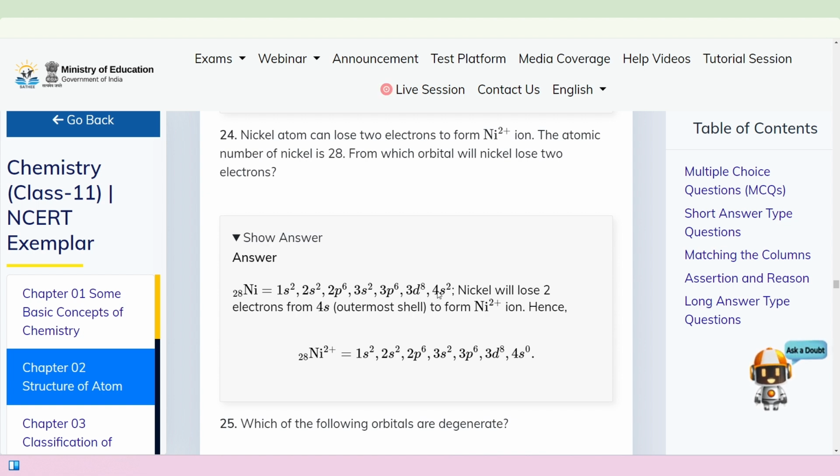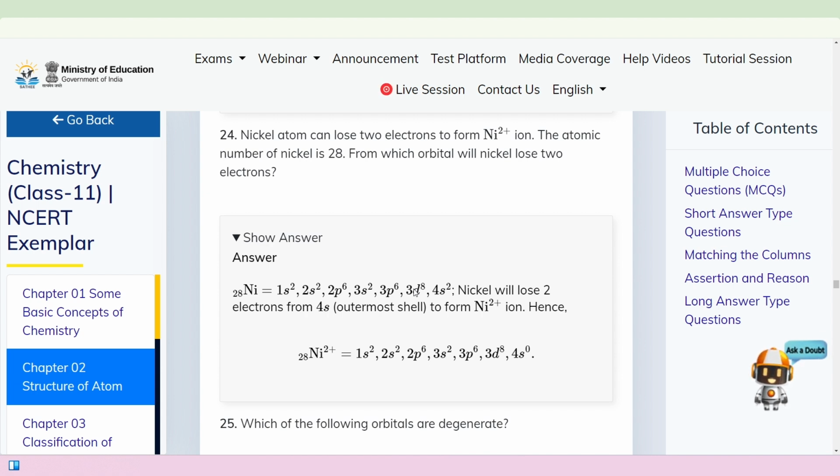Now the confusion that arises here is that we filled the 3d electrons last. We know the n plus l value of 3d is 3 plus 2, which is 5, and for 4s it is 4 plus 0, which is 4. So 3d has a greater n plus l value. But the question is not about how the electron is filled, it is about which orbital is more exposed.